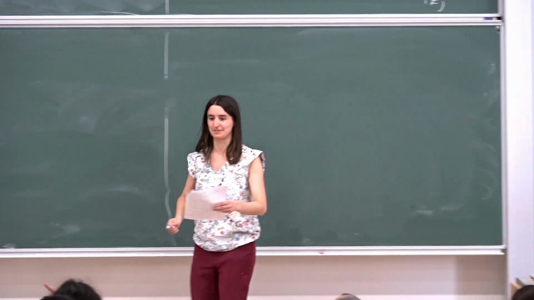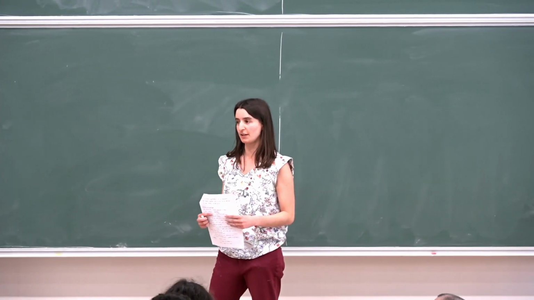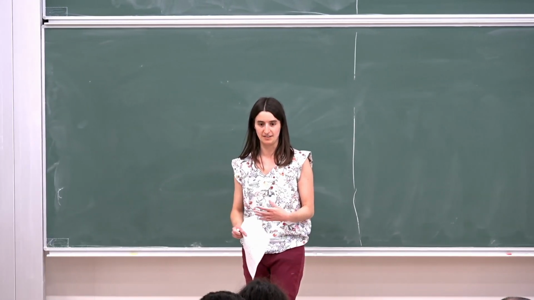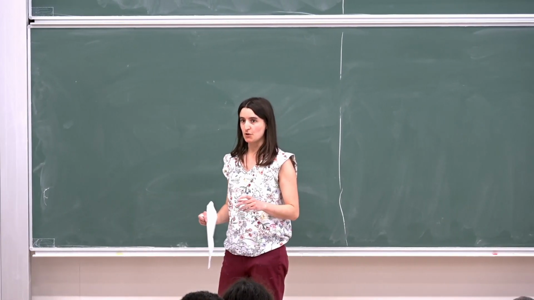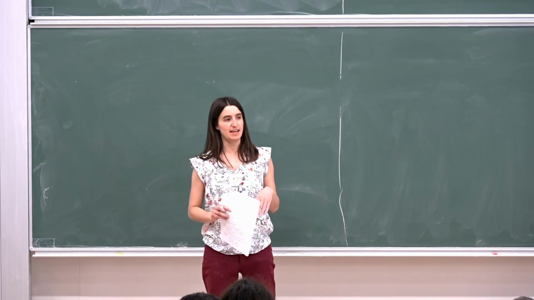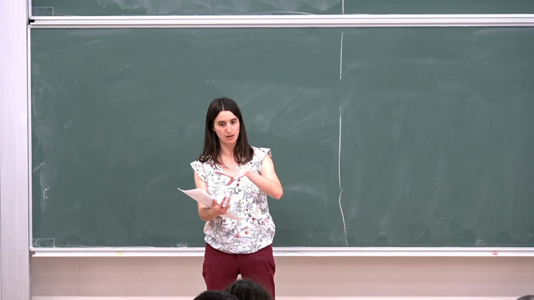Okay. What are the operations in this Hopf algebra? Like, where is the multiplication? So maybe I'll say the multiplication comes from a product of polytopes type of thing.